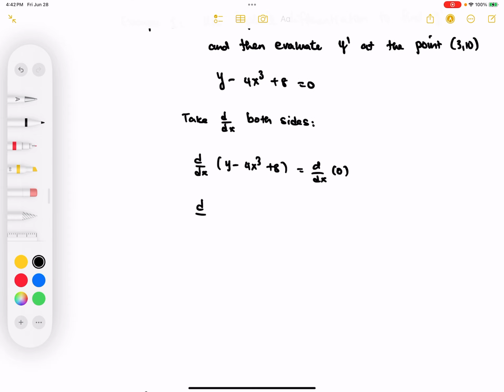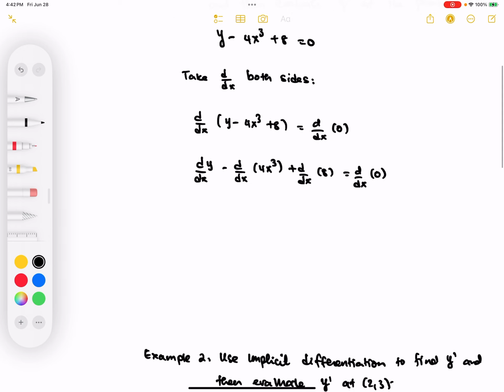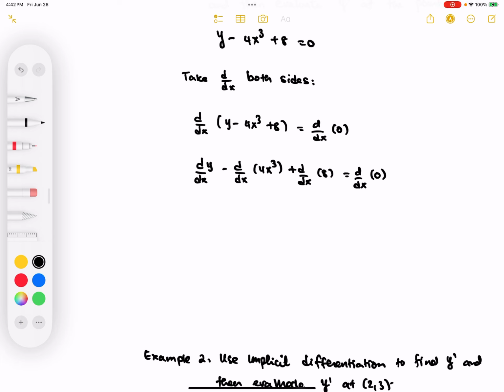That is d/dx of y minus d/dx of 4x cubed plus d/dx of 8 is d/dx of 0. Remember, dy/dx, you can just write y prime. The second one is when I take the derivative of 4x cubed, it is minus 12x squared. This one, d/dx of 8, is 0. So the other one is 0, so everything becomes 0.